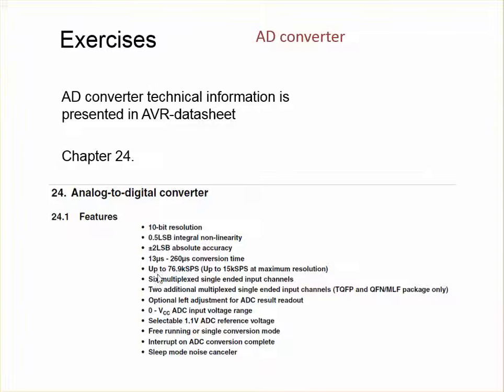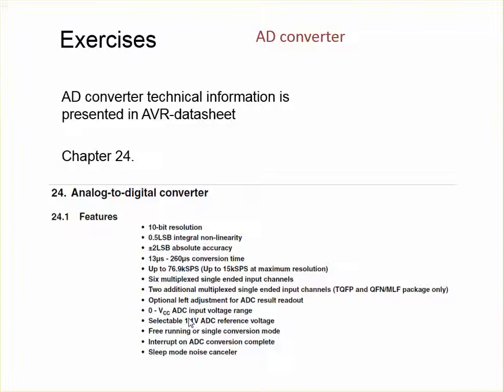And there are 6 multiplexed signal input channels. It means that these are shared with the C port. And then there are 2 pure AD converter input signals. We could look at those a little bit later. The input voltage range is from 0 to the supply voltage.